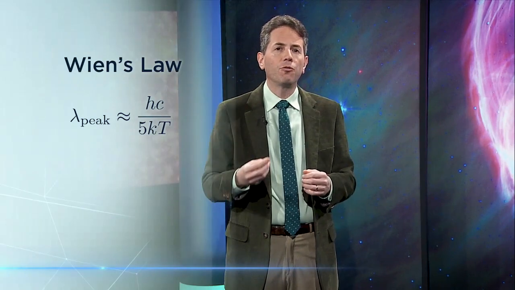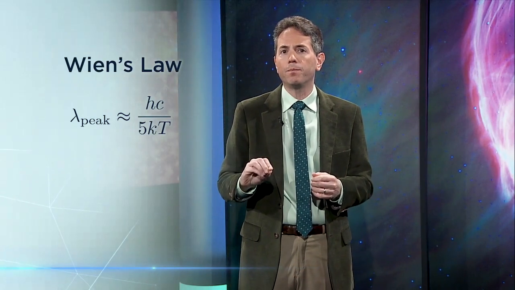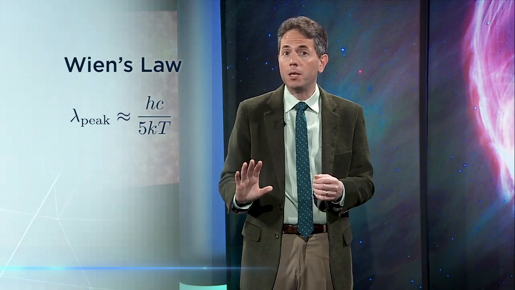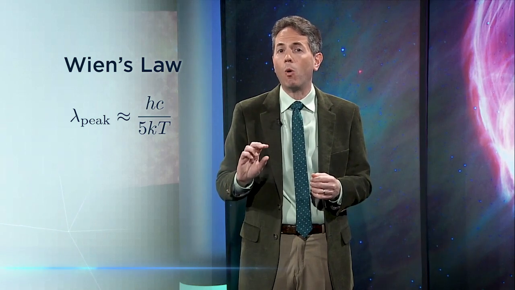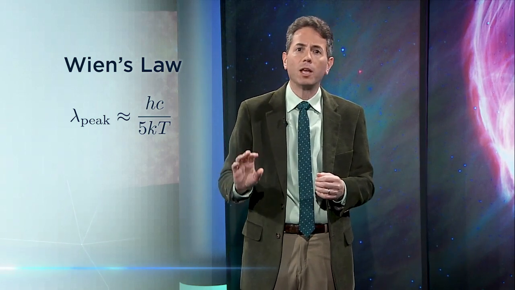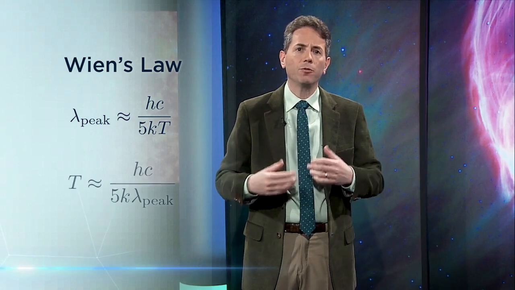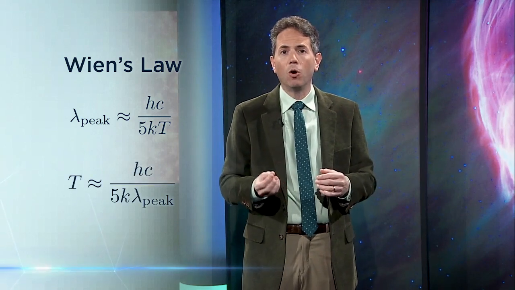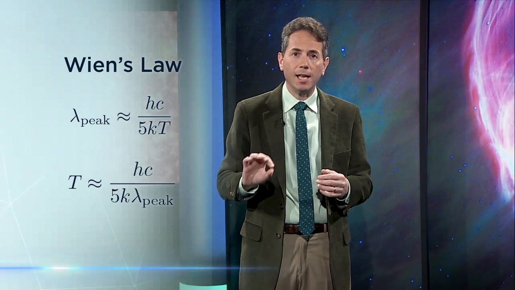One way to see their point is to ask, what would be the temperature of an object whose spectrum peaks at a given wavelength? For that, we use Wien's law. The wavelength at the peak of the Planck spectrum is about 1/5 of hc over kT. Solving for T gives hc over 5k times lambda peak.